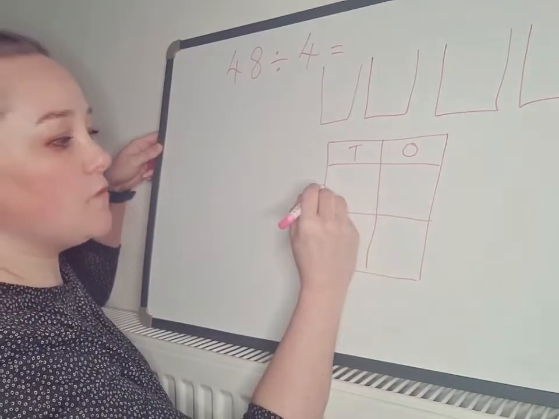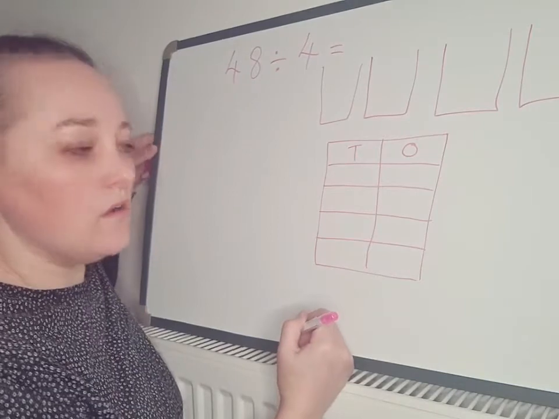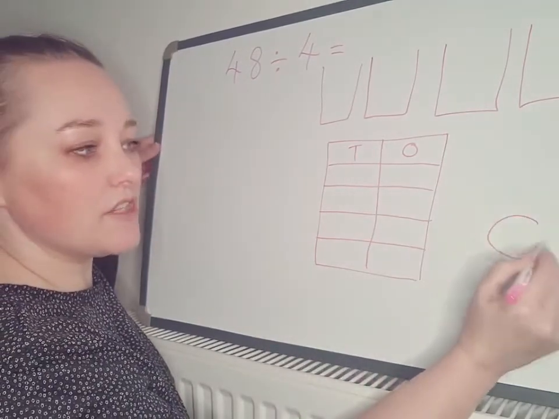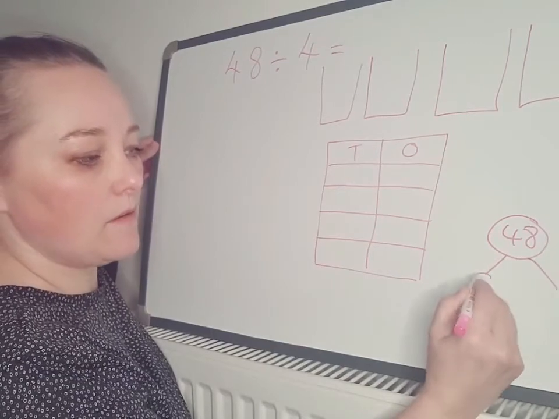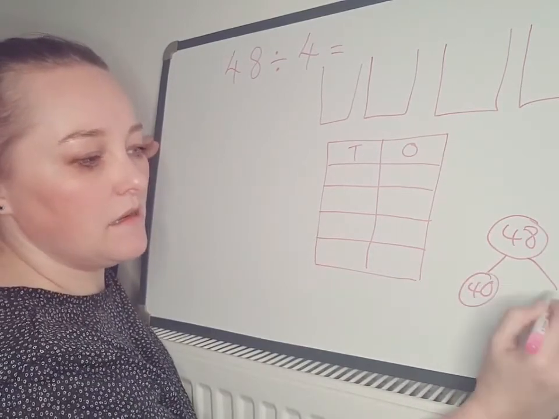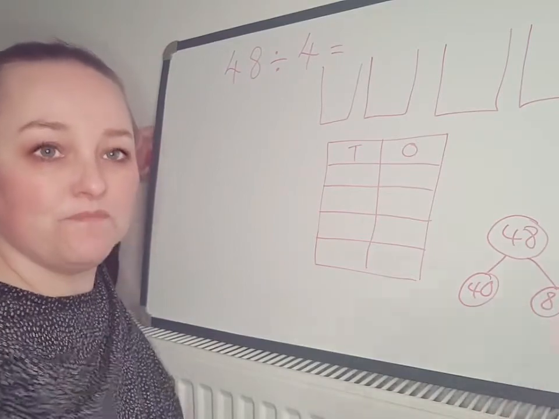We need to do 4 sections then, okay? Or we could do our partitioning model, 48 split into 40 and 8. Pause the video, have a go.